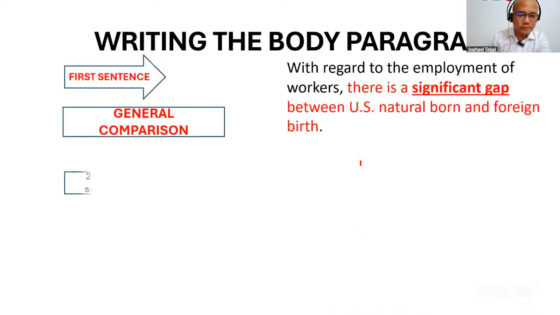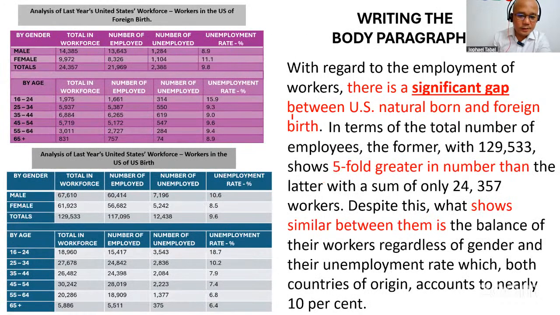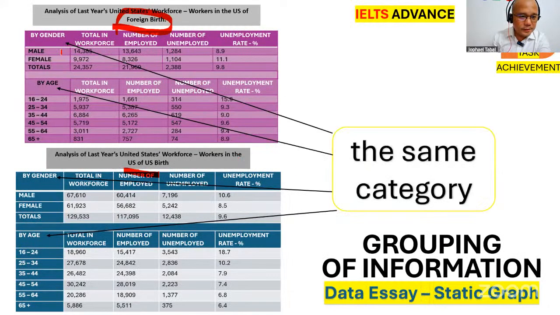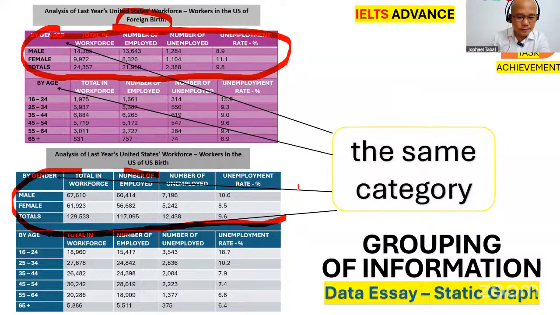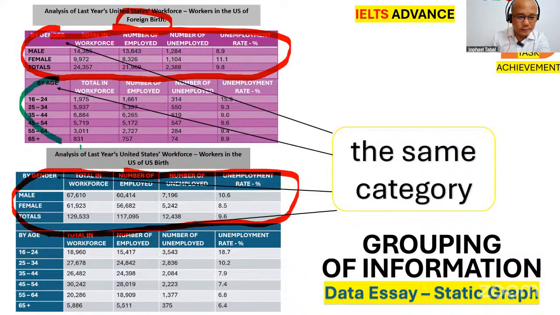So how do we group the information? As you can see, we group the information here. This is our first body paragraph, gender. And this is our second body paragraph, in both graphs.